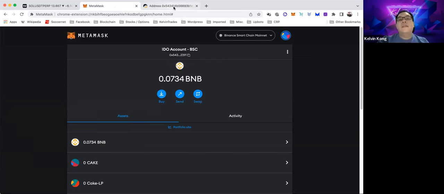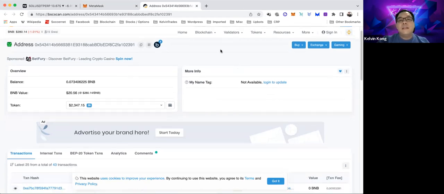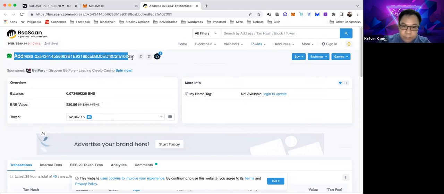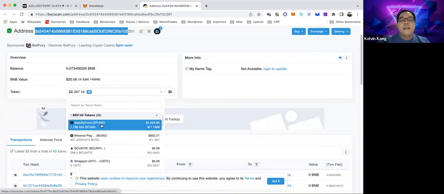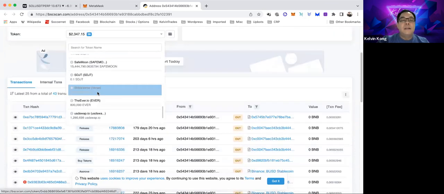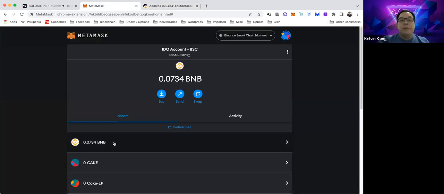So in this Binance Smart Chain wallet, these are what I have inside, all these coins, exactly as what is shown here.